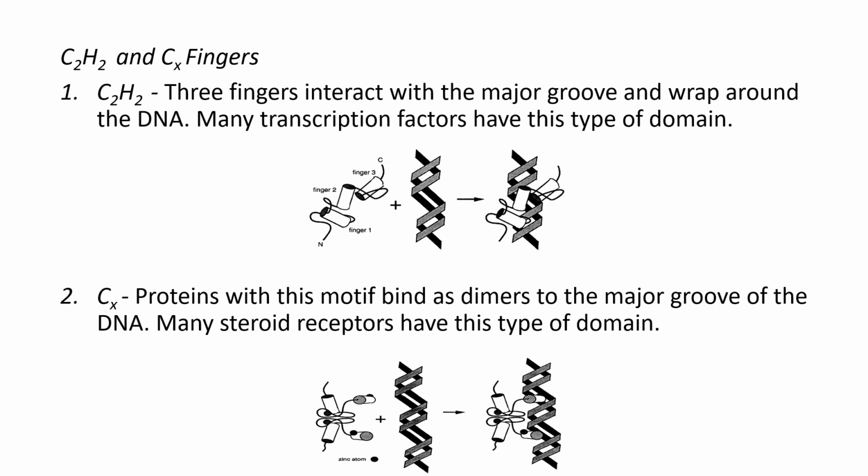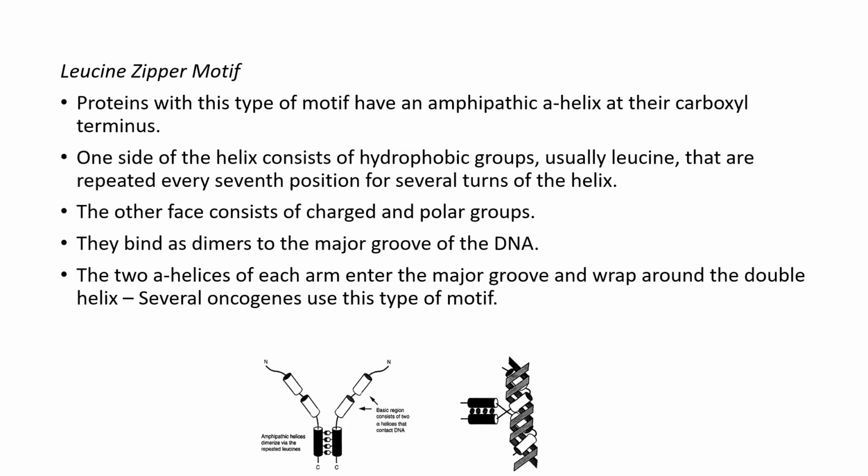Many transcription factors are found to contain this type of domain. Meanwhile, there are the CX fingers, where the proteins with this motif bind as dimers to the major groove of the DNA. And many steroid receptors are found to have this kind of domain.